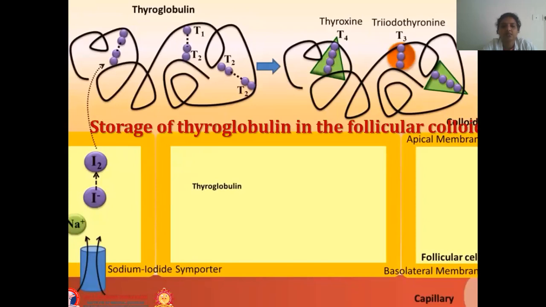And next is the storage of thyroglobulin in the follicular colloid. So once the hormones are produced, they are not directly released into the circulation. Only on demand, when the hormone level needs to be increased, these colloid hormones are released from the colloids.